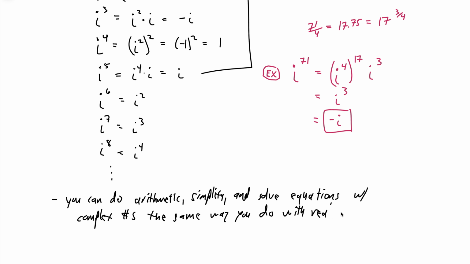Hopefully we're already seeing this as we're solving some of these, but essentially we're going to do everything the exact same way that we have done. Whether the solutions are real or imaginary, we're going to solve everything the exact same way. Then we might happen to end up with a square root that's got some negative in it. That would just be an indicator that our solutions are going to be complex instead of real.